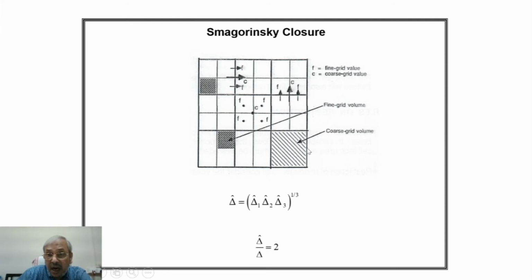So this is a coarse grid volume, this is the fine grid volume, and we are representing them in a two-dimensional plane.